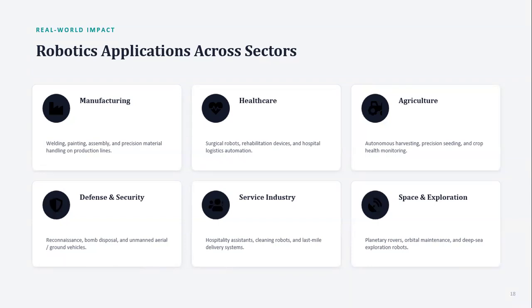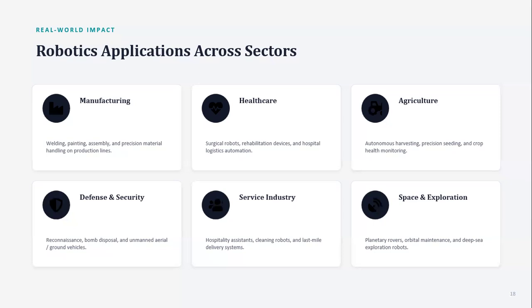Now we shall move on to the main important thing according to the session roadmap. So real-time application of robotics. Today, robotics impacts nearly every industrial sector. In the view of manufacturing, robots are being utilized for performing welding, assembly, painting, and inspection.